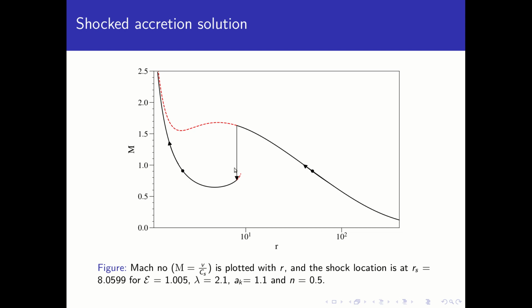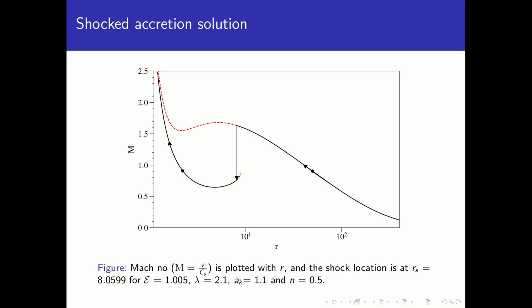Because of this, the matter accumulates in that region, and after a certain time it jumps from the supersonic region to the subsonic, and the velocity decreases again because of the gravitational force. It enters into the black hole passing through this critical point. So this sudden jump is called the shock solution or shock transition.